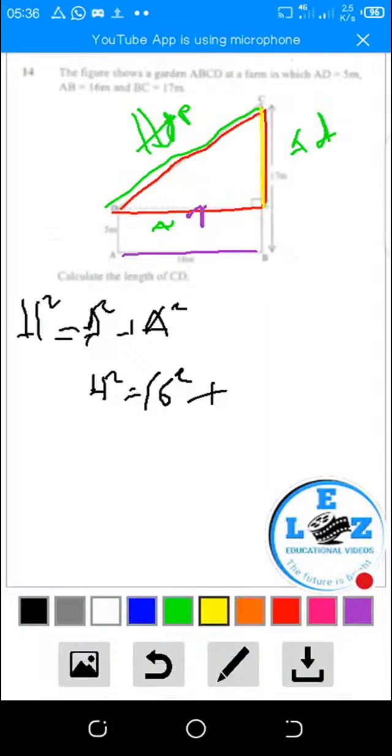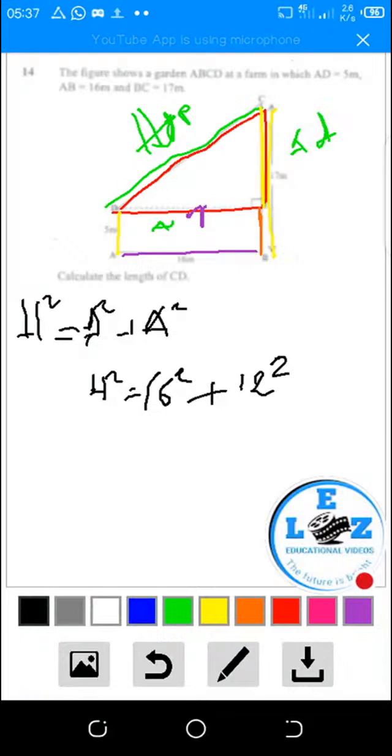We can subtract this length, which is 5 meters, from this 17 meters length. 17 meters minus 5 meters gives us 12. So we say plus 12 squared.